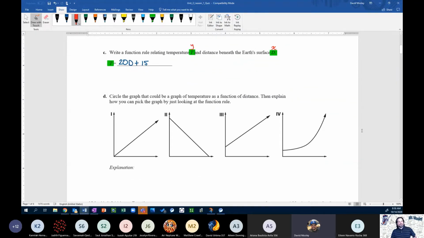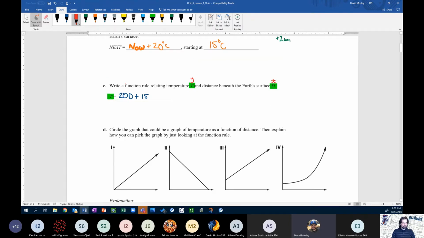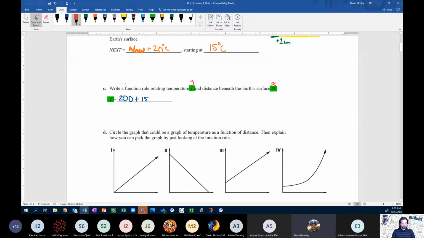All right. So part D of this says circle a graph that could be a graph of temperature as a function of distance. So we're trying to find which graph down here, 1, 2, 3, or 4, represents this formula, or this now-next rule, or this table.